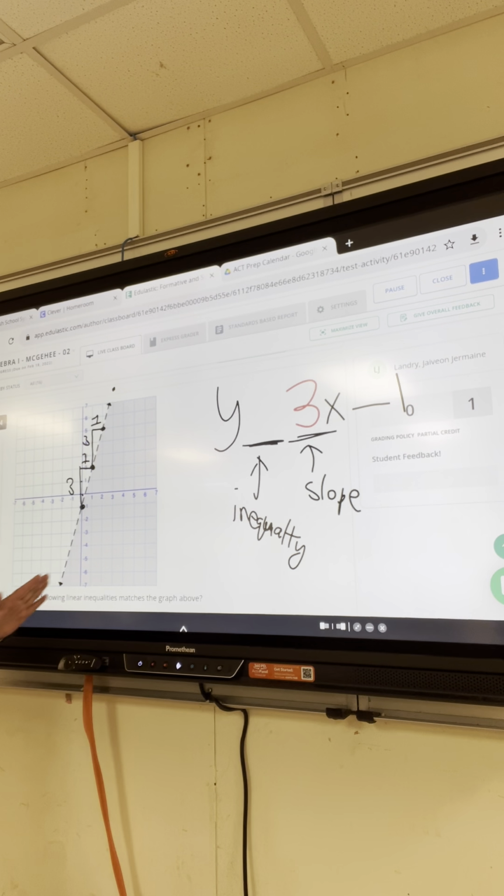And what's my inequality? It's shaded below. Is it a dashed line or solid? It's dashed.